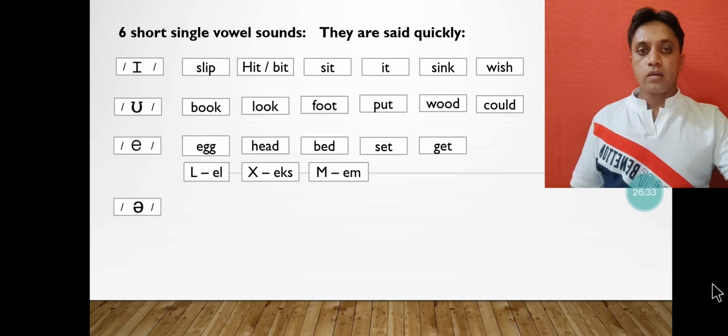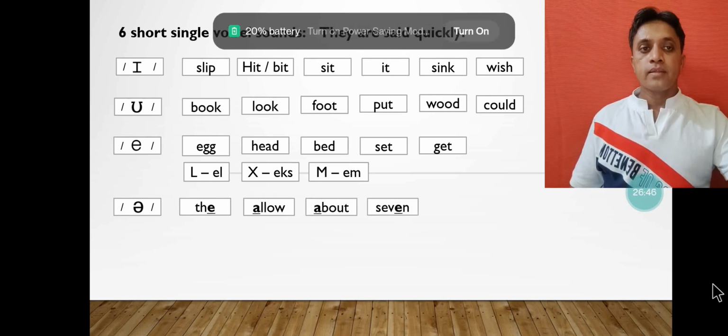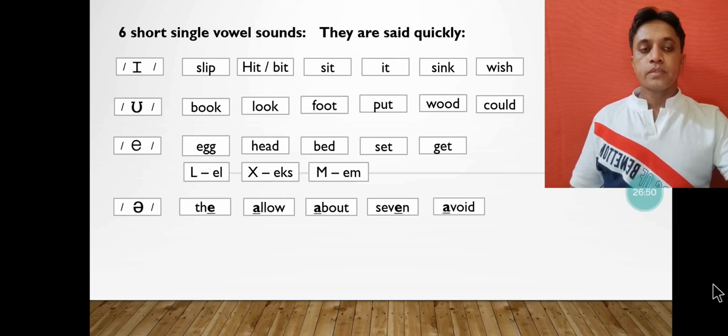Next is the very quick schwa, like the. The sound letter is highlighted in bold and underline. Allow, about, avoid, another.